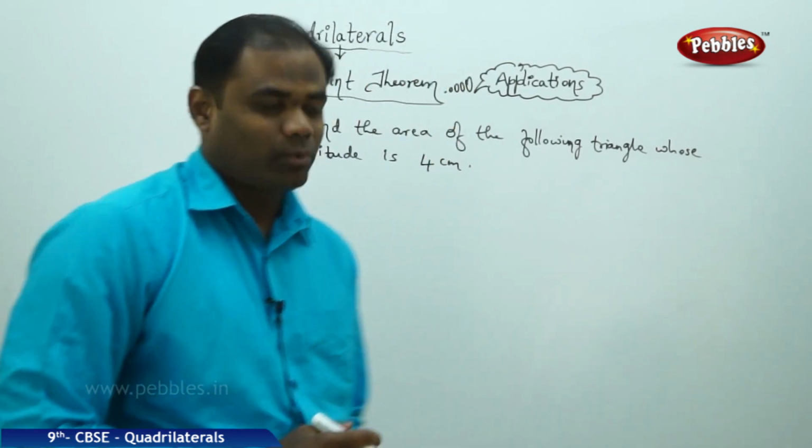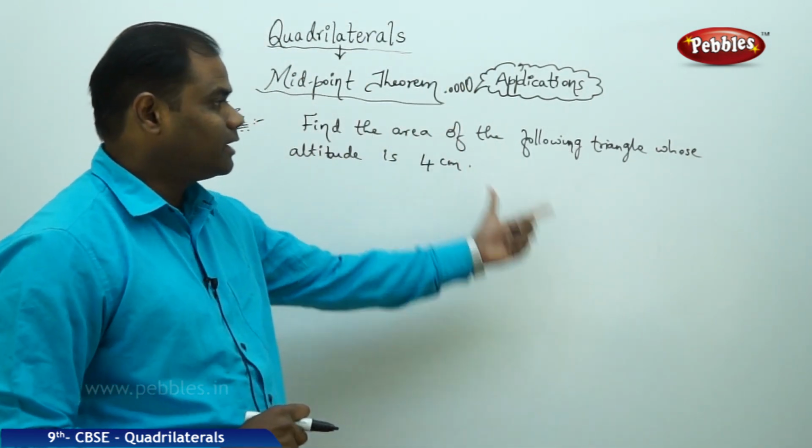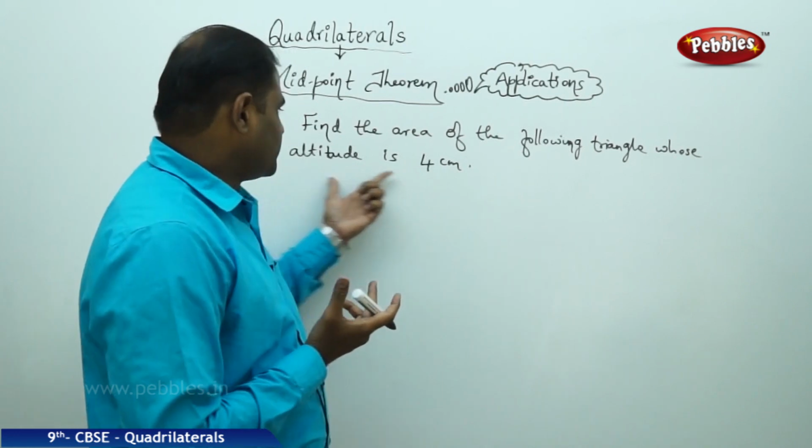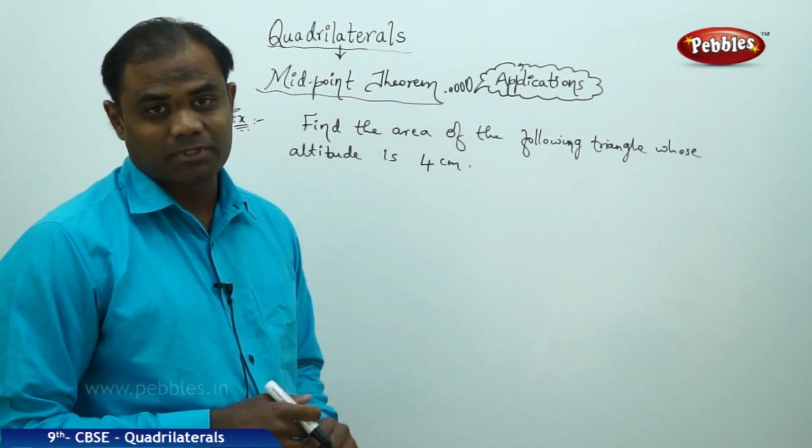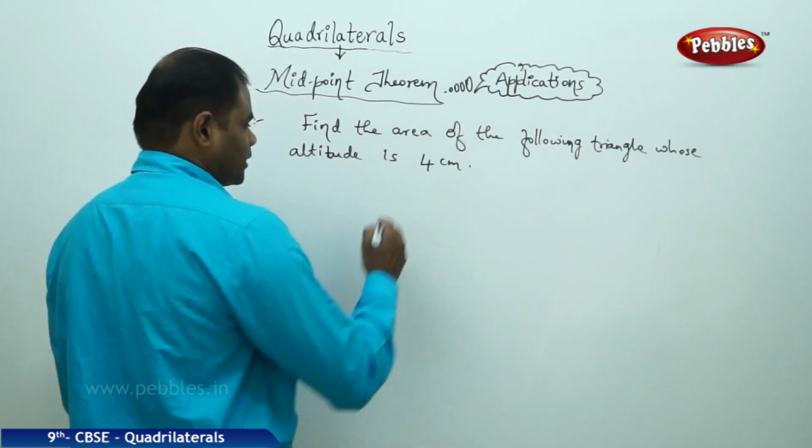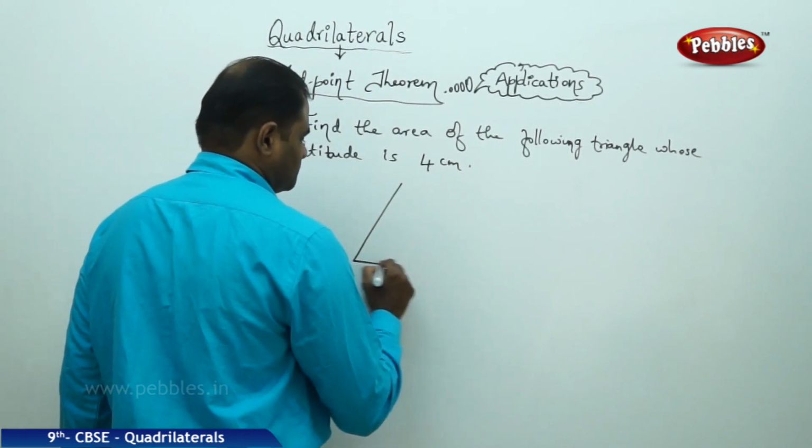Now here I have a question about finding the area of the triangle whose altitude, or the height, is given. So let's take the triangle. Here is the given triangle.